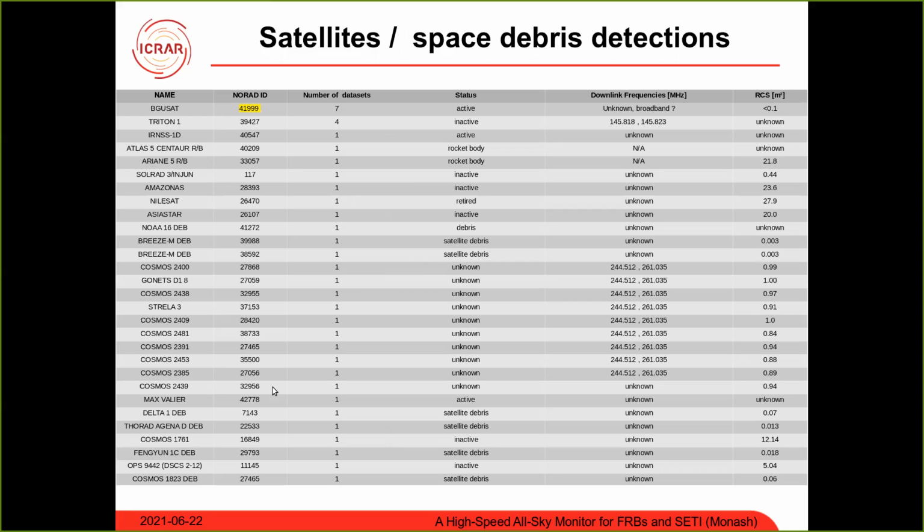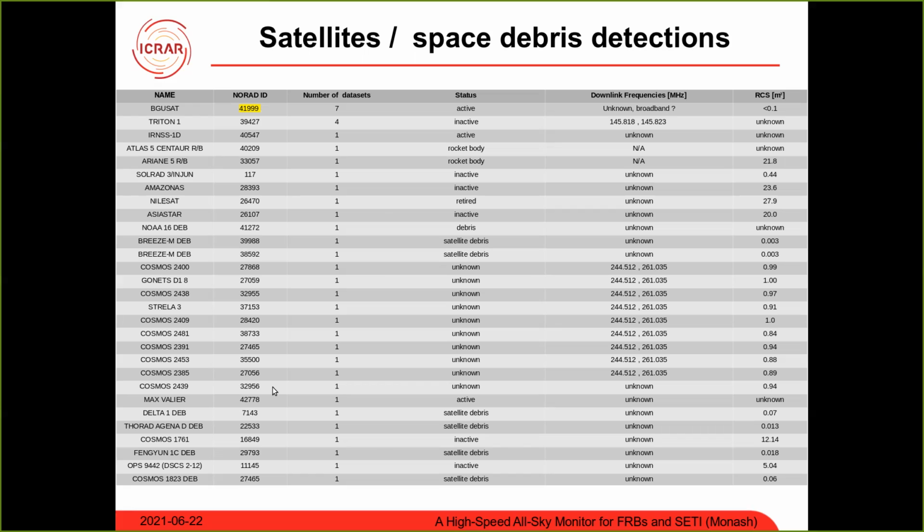BGUSat was detected in 7 data sets, over a wide range of frequencies, even from the FM band at around 100 megahertz in earlier studies. And here I detected this one at 160, 230, and 320 megahertz, with slightly different brightness, but generally it seems that this satellite transmits basically out of band.